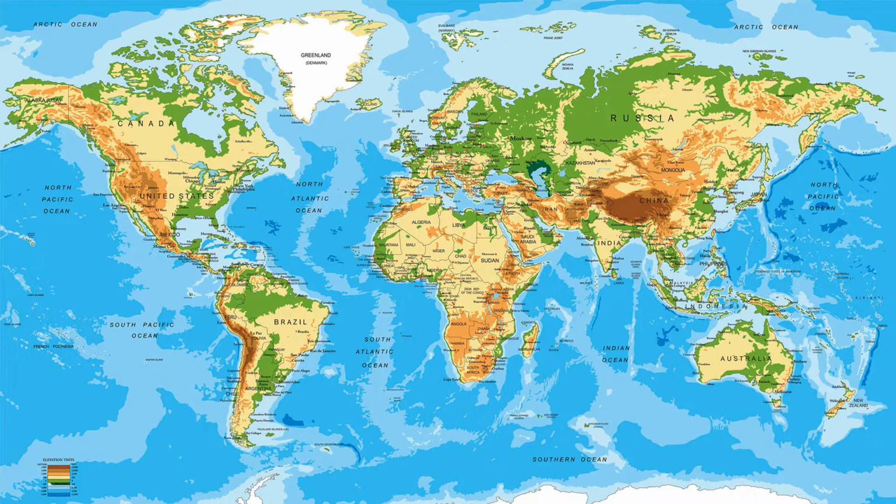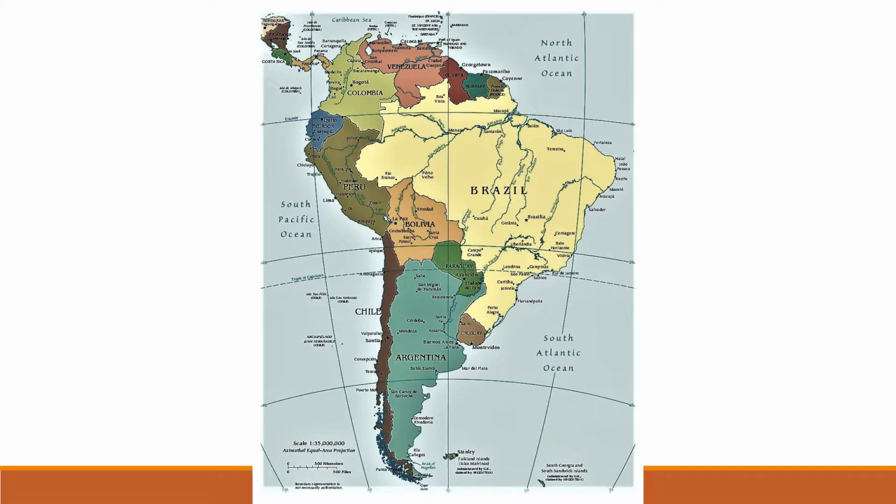So put pause and think, where is Chile? And now we're going to see that my country is in South America. So let me show you where it is. Here is Chile, on the west coast of South America. We are next to Argentina, next to Bolivia, next to Peru, etc.